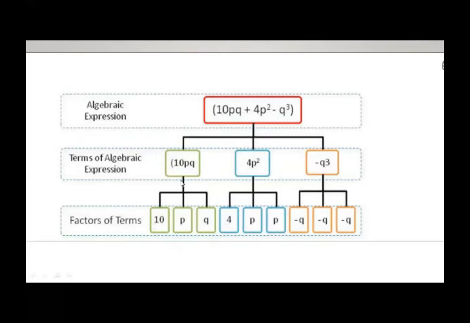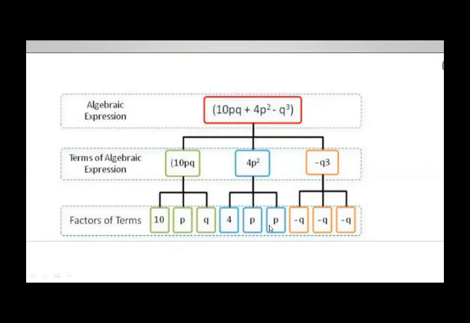Now we have a clear idea about 10p cube. Its factors mean 10 multiplied by p into p into p. So when we see the numbers can be divided into multiplying form, we say they are the factors of the term. And second, we have 4p square, and for that we can write 4 into p into p.